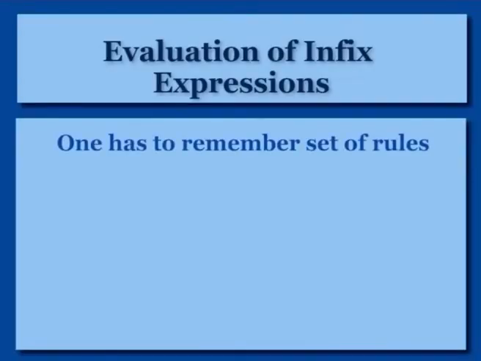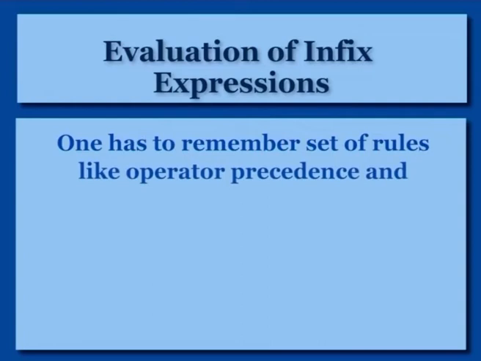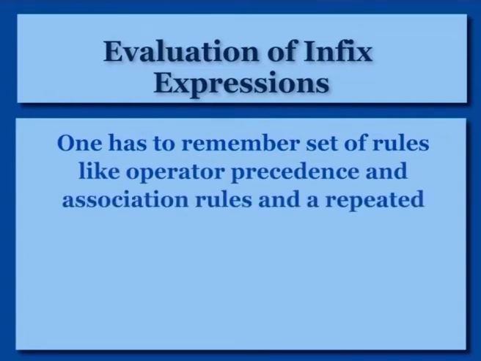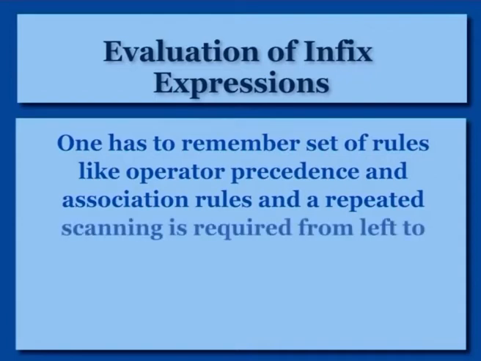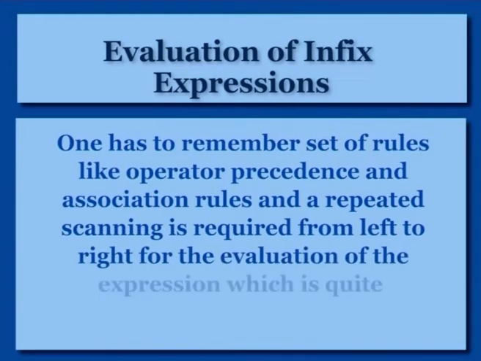We had also seen that even though the representation of arithmetic expression in infix form looks very simple and easy to use for human beings, this notation has been found to be inefficient from the compiler point of view, as one has to remember a set of rules like operator precedence and association rules, and repeated scanning is required from left to right for the evaluation of the expression, which is quite inefficient.